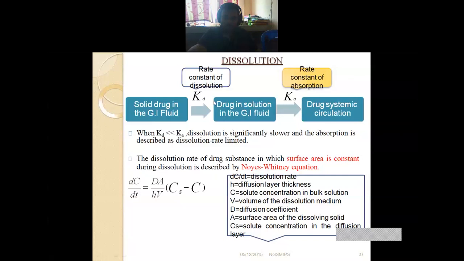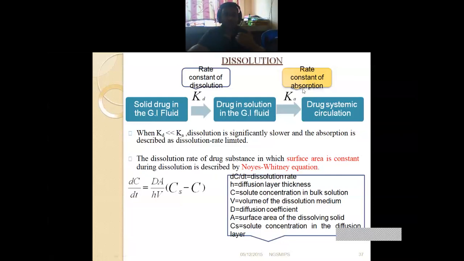In the dissolution process, we can calculate these things: solid drug in the GI fluid, rate constant of dissolution, drug in solution in the GI fluid, rate constant of absorption, and drug in systemic circulation.